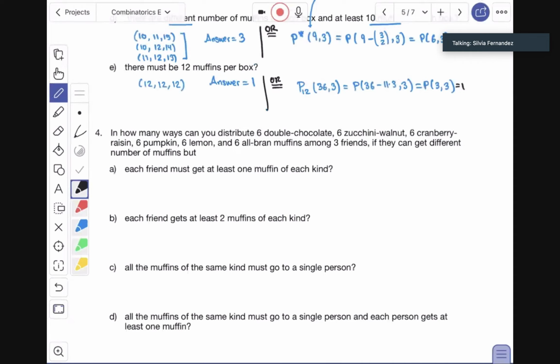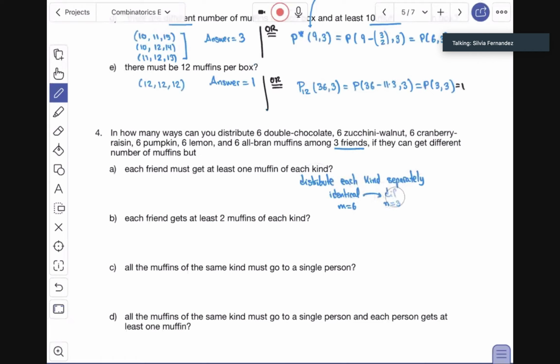So here we're going to use, I'm just going to say distribute each kind of muffin separately. So this will be identical balls, right? 6 identical muffins that you're distributing among 3 friends. So n equals 3, and these are different.